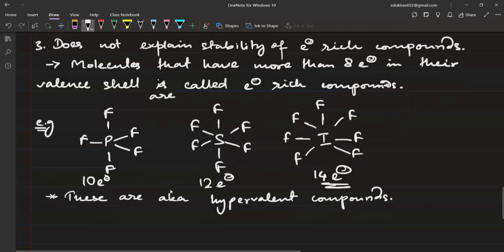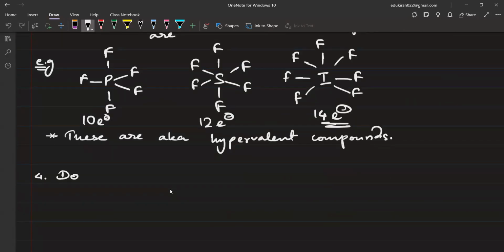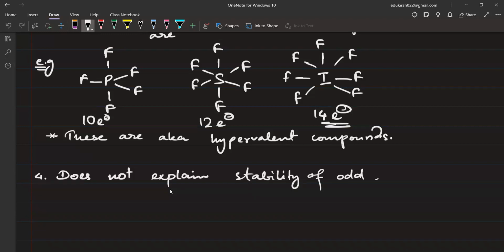So fourth: does not explain stability of odd electron species. What are odd electron species? For example, nitrogen dioxide.